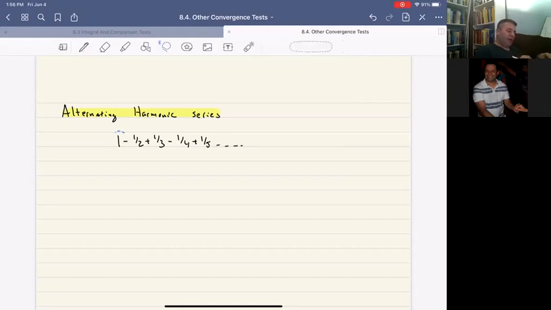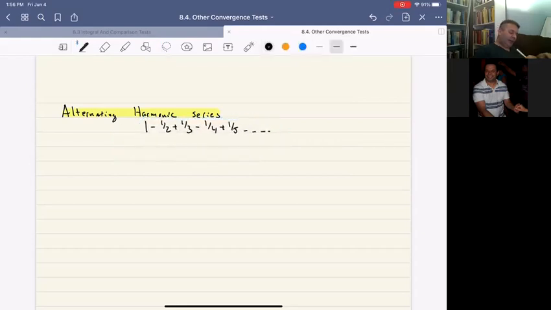We're going to write it in a nice summation form as the sum, n goes from 1 to infinity, of (-1)^(n-1) times 1 over n. Okay? So here, our b sub n is 1 over n.